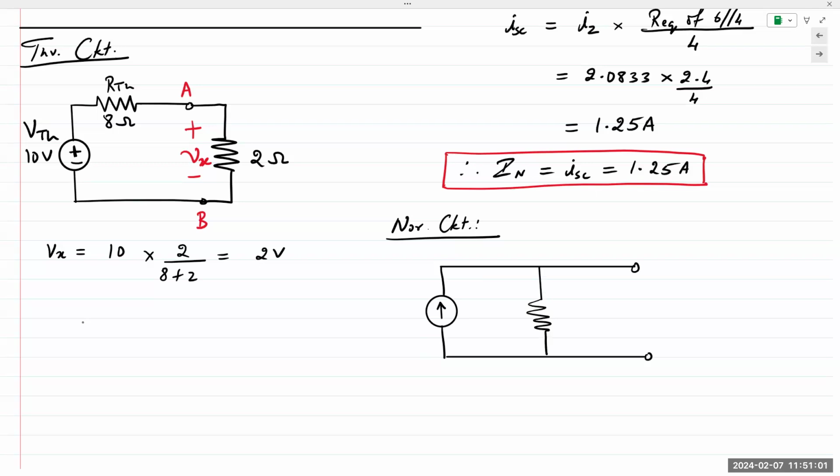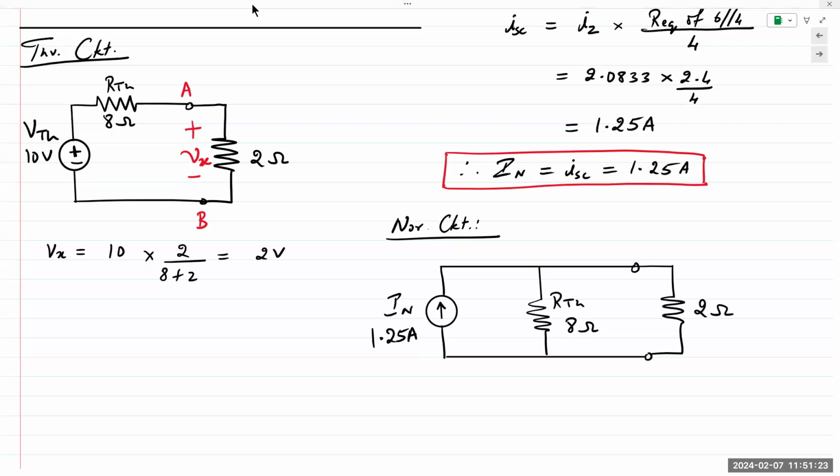Then we have our terminals A and B and the 2 ohm resistor connected. This is RTH, again, 8 ohms. This is IN, 1.25 amps. So those are our final circuits.